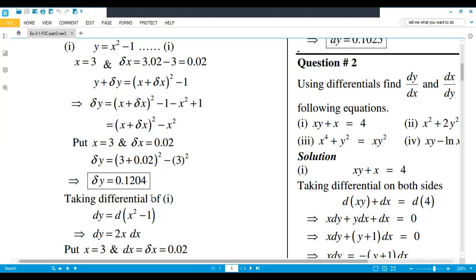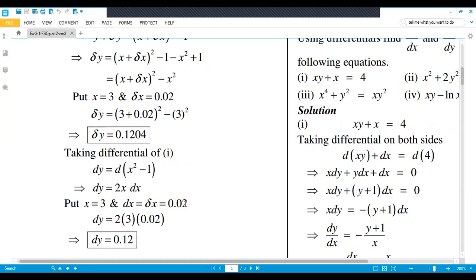Now taking the differential of equation number 1, that will be dy equals d of x square minus 1. So dy as it is, and the derivative of x square, you know, is 2x dx. Now you put the values: x is equal to 3 and dx is equal to delta x, which is 0.02.